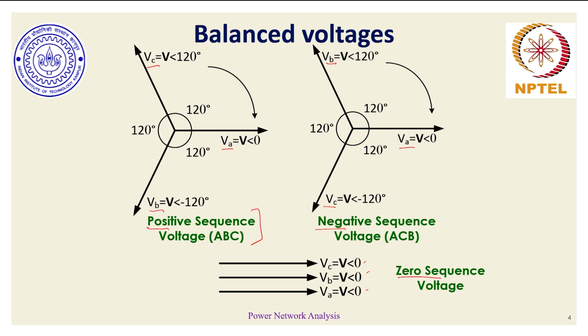In practice, for an n-phase system where, let's say, n is 4 or 5, these terminologies may accordingly change. The important part is that in all these positive, negative, and zero sequence voltages, all the three phasors in every diagram are equal to each other in magnitude within a set, and all the three phasors have equal phase angle difference among each other.